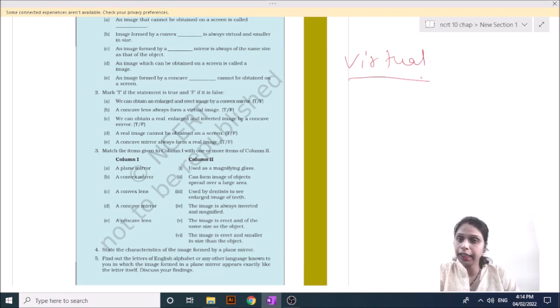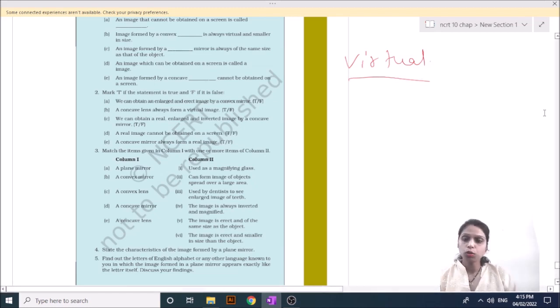I have already discussed. An image formed by a plane mirror is always of the same size as the object. An image which can be obtained on a screen is called a real image. An image formed by a concave lens cannot be obtained on a screen.